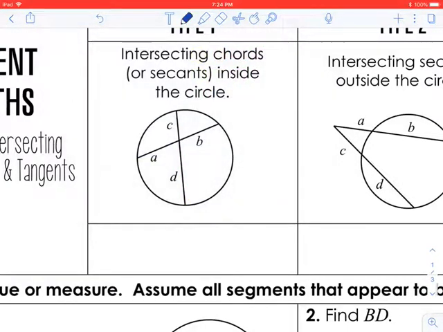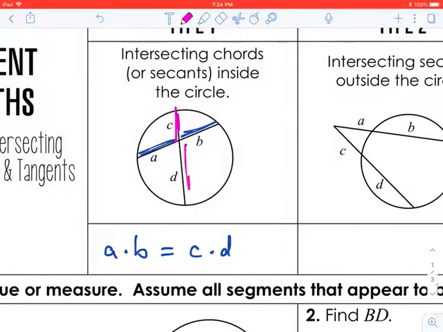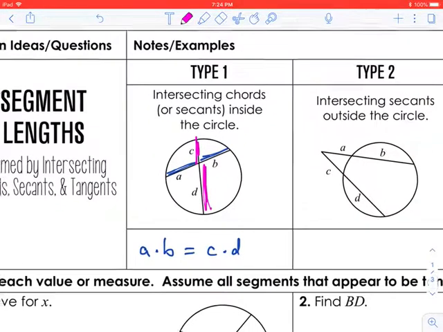And that relationship is A times B equals C times D. So basically, the part of the segment times the part of the segment equals the part times the part, okay?